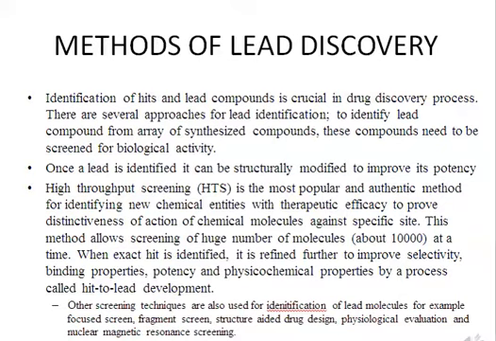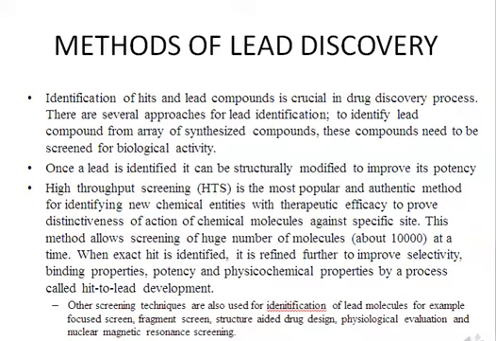In order to find a hit and to improve that hit to form a lead compound, you have to screen all of these compounds for biological activity, and before that you have to synthesize all of these compounds as well, right? So it's a very lengthy process to synthesize a large number of compounds, and secondly to characterize all of these compounds and to screen them for biological activity, right? Once you get a lead, you can then modify it further to increase its potency.